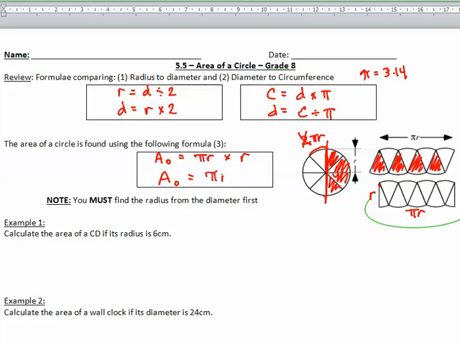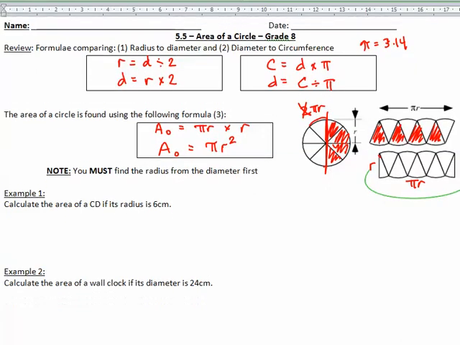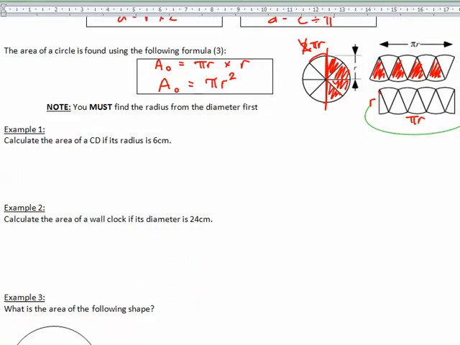So this is pi times radius squared. Notice that the diameter is not in this formula, so we would have to find the radius from the diameter in order to actually continue on with this problem. And notice the order of operations. R squared comes first before pi times r.